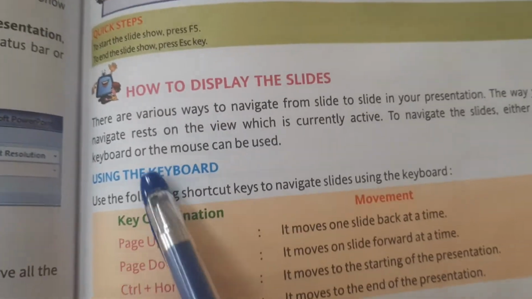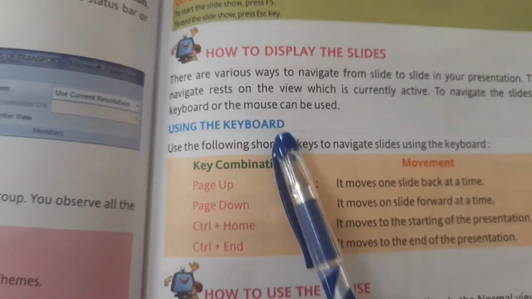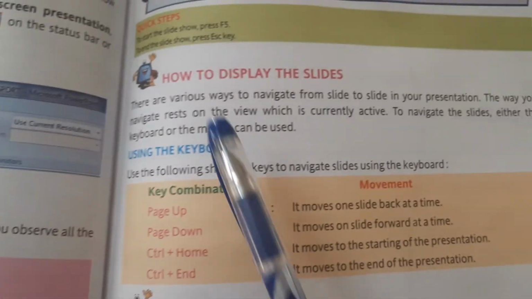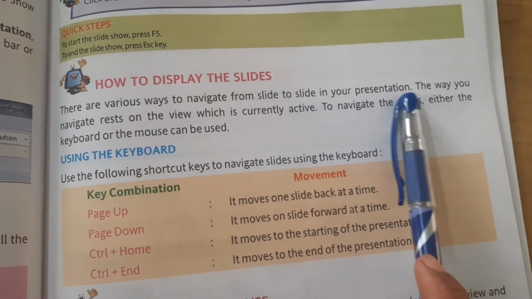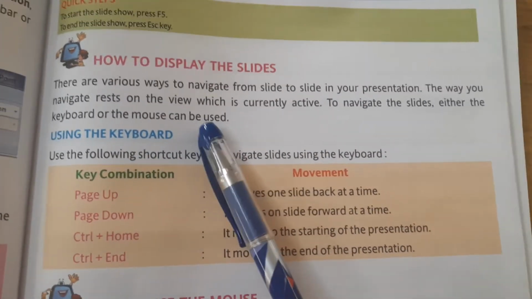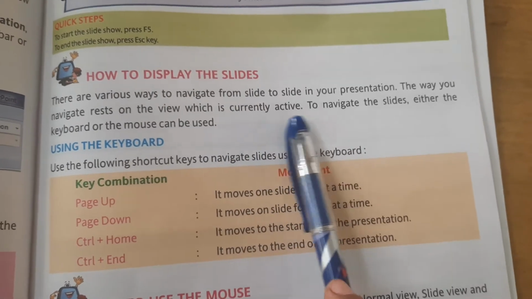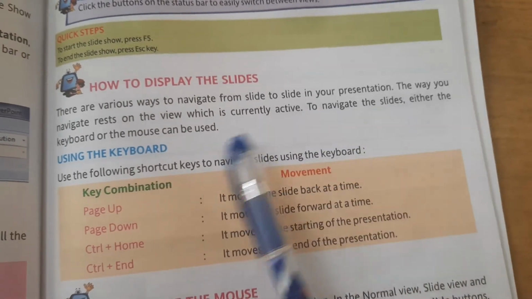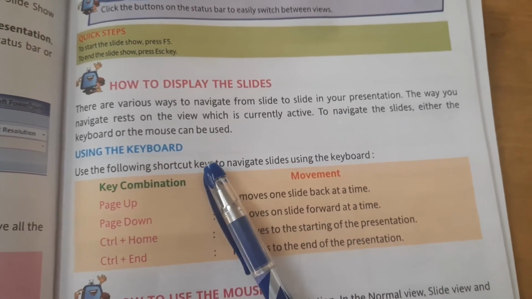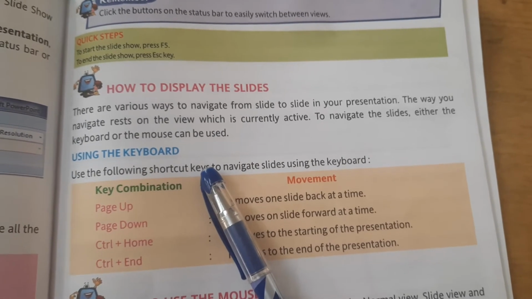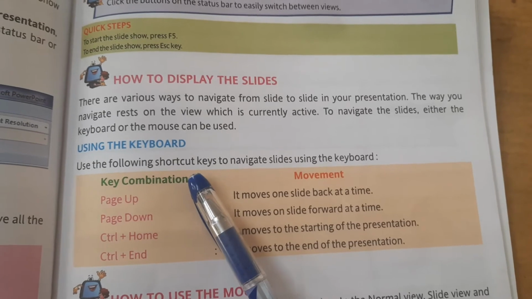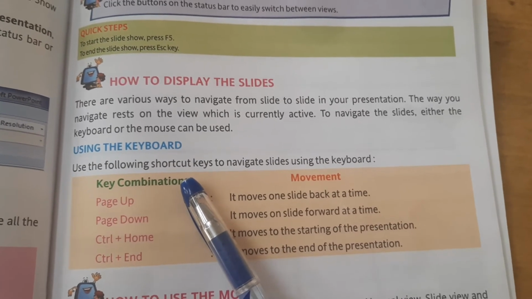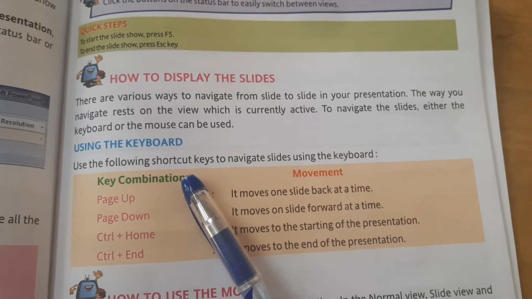There are various ways of displaying the slide using keyboard and using the mouse. So there are various ways to navigate from slide to slide in your presentation. The way you navigate rests on the view which is currently active. To navigate the slide, either the keyboard or the mouse can be used. Navigate means going from one place to another, and this we can do with the help of keyboard and mouse, and it depends on the view in which we are.